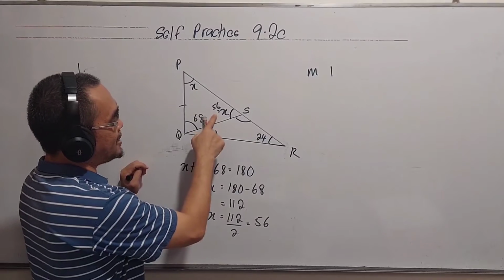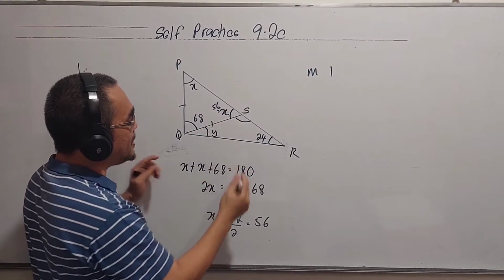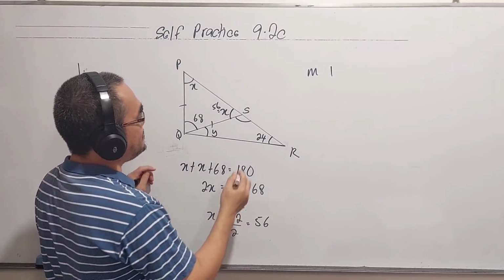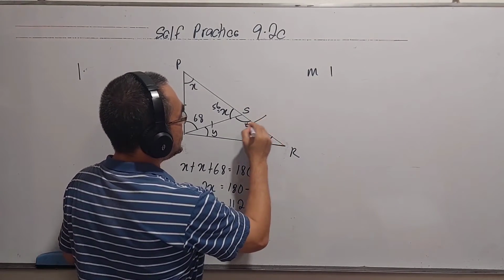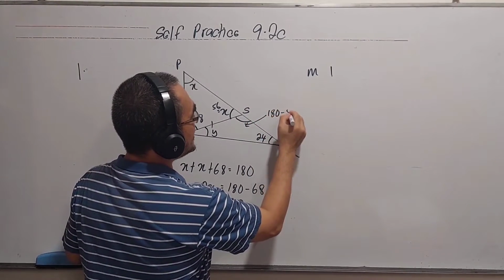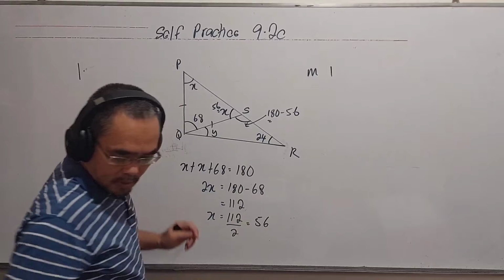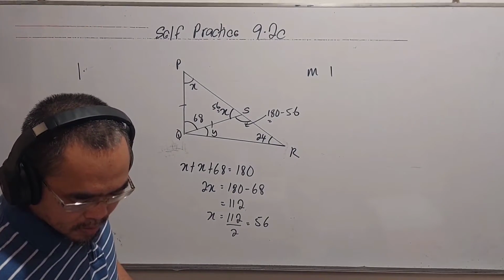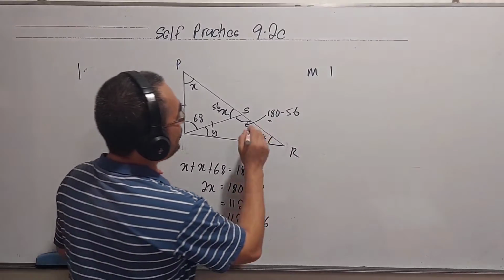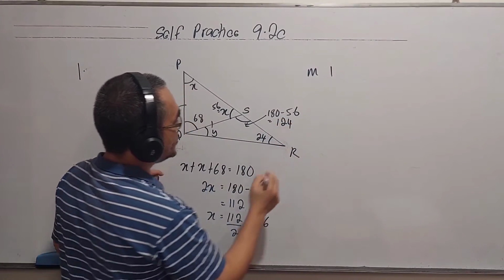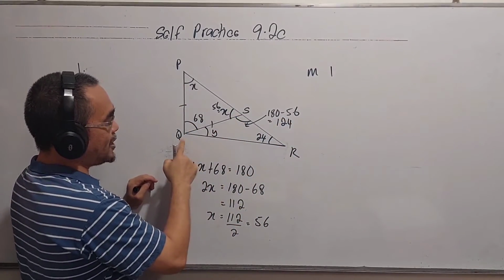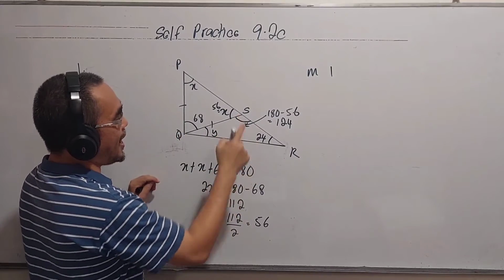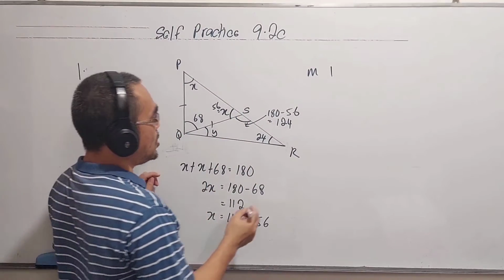If x is 56, the angle here will be 180 minus 56, which is 124. So the total angle for the triangle QRS will be 180.